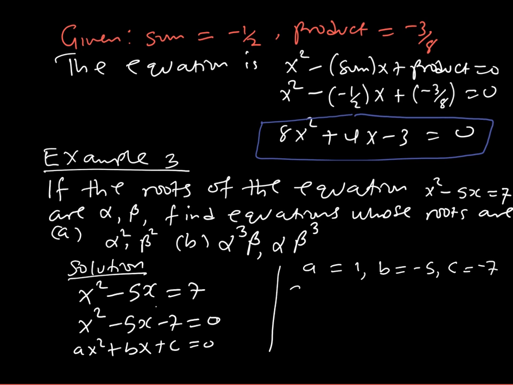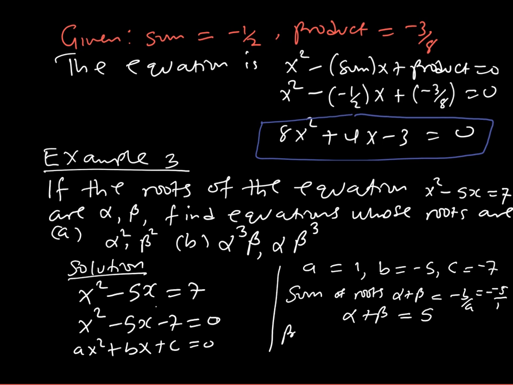The sum of roots, which is alpha plus beta, is minus b over a. In this case, it's minus of minus 5 divided by 1. So the sum, alpha plus beta, gives us a value of 5. A negative of a negative is a positive.